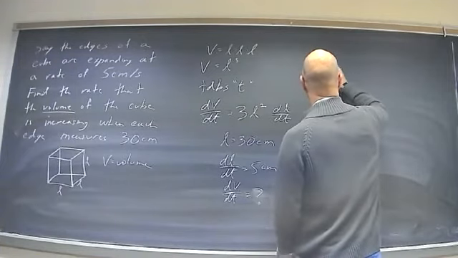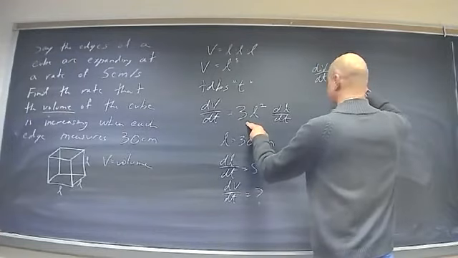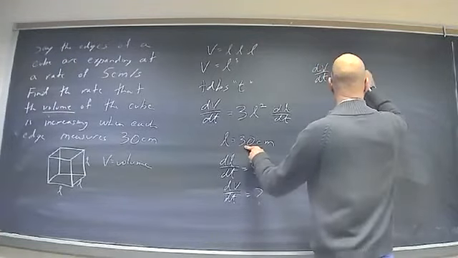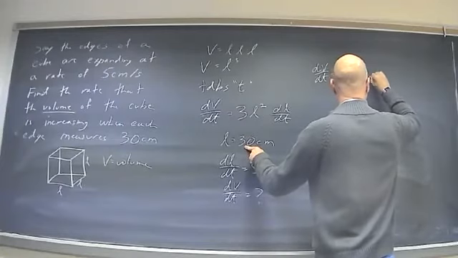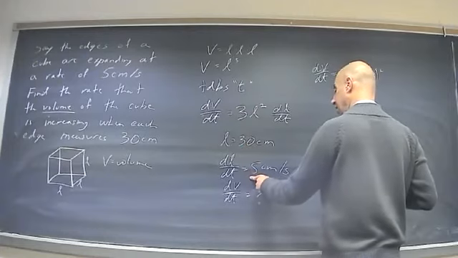So dV/dt is equal to 3 times L squared times dL/dt.